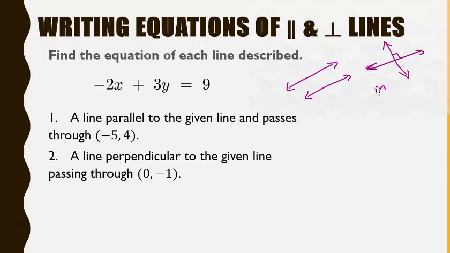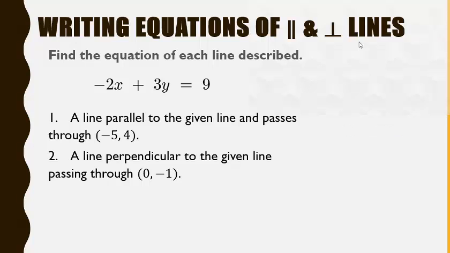If you multiply them together, most of the time you get -1, which means that if you solve for one of them, m1 is -1 over m2. For instance, if m2 is 3, I would find m1 by taking -1 over 3. Another way to say this is we're going to take the opposite reciprocal.